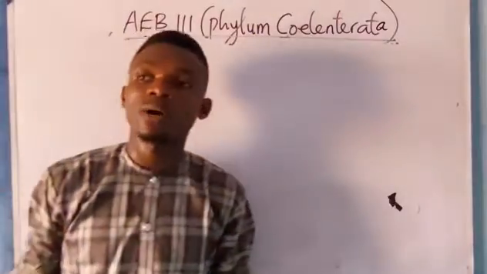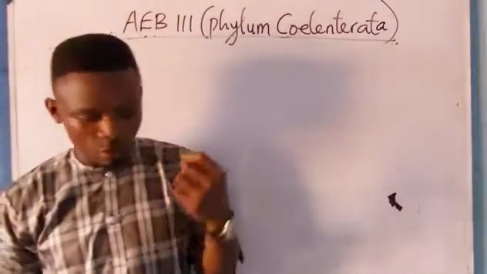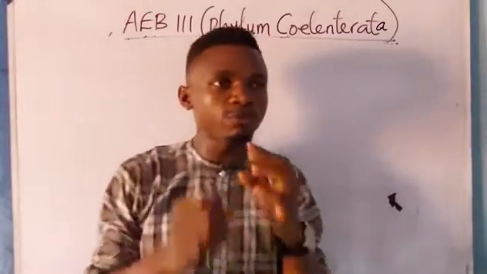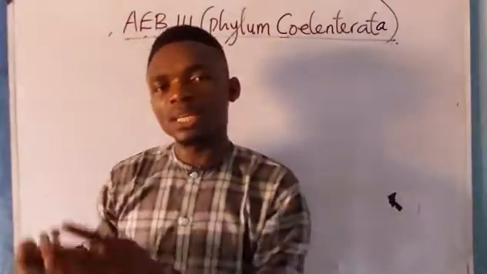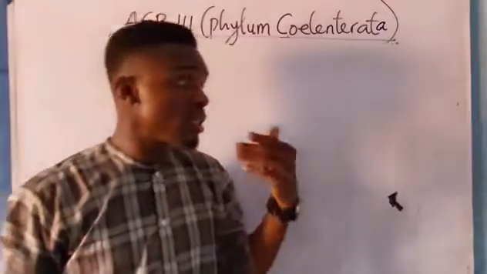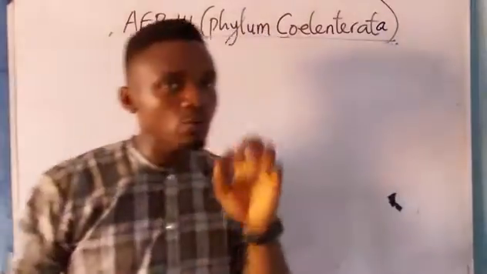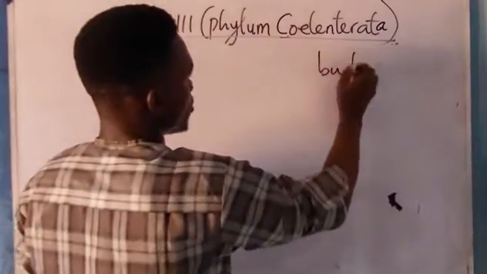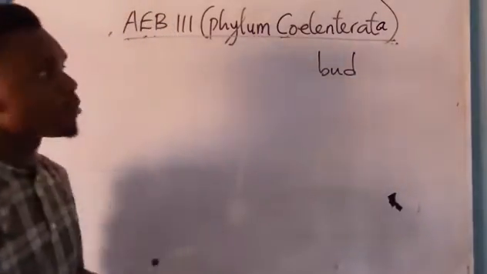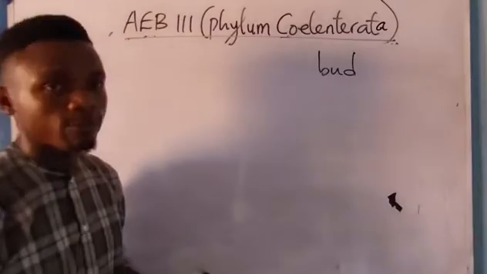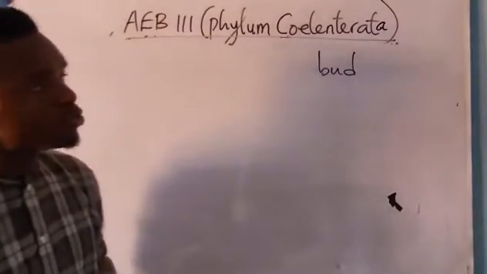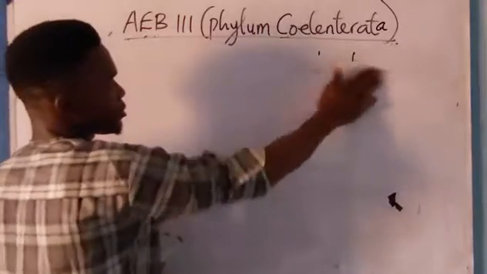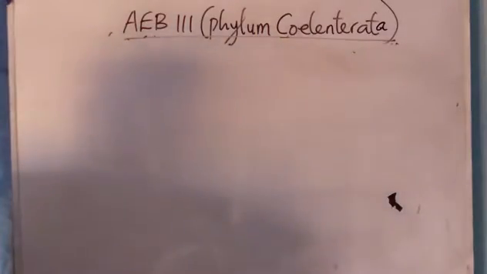Budding is a process whereby an outgrowth from the parent, called the bud, breaks off to form a new independent organism. Take note of that.